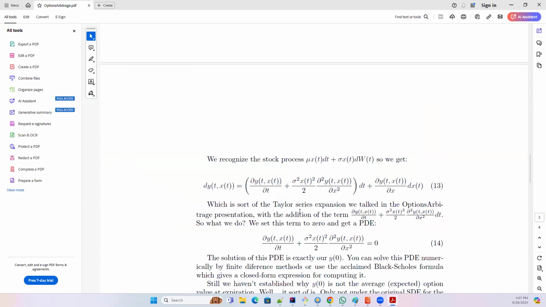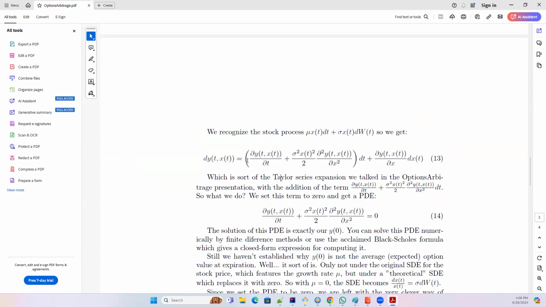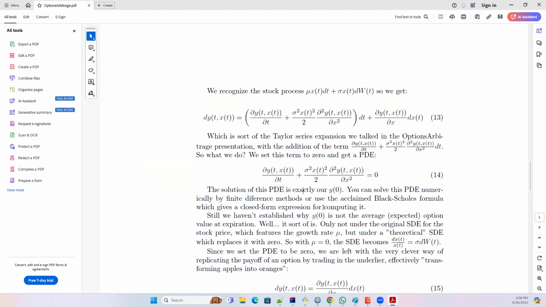Or do we? Actually, we don't, because this is the whole idea of how to price an option. We say this stuff equals 0. This is a partial differential equation that has no uncertain term, so no stochastic Wiener process, which can be solved exactly by various techniques like finite difference methods or directly using the Black-Scholes formula.